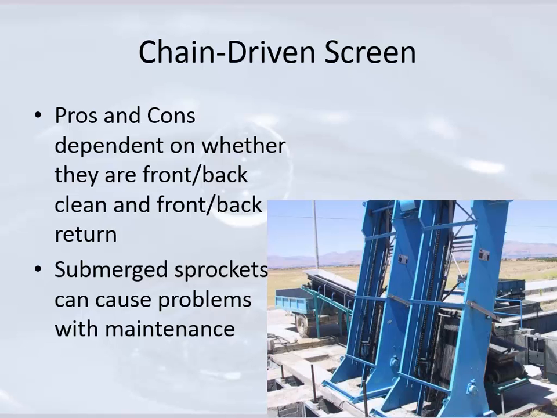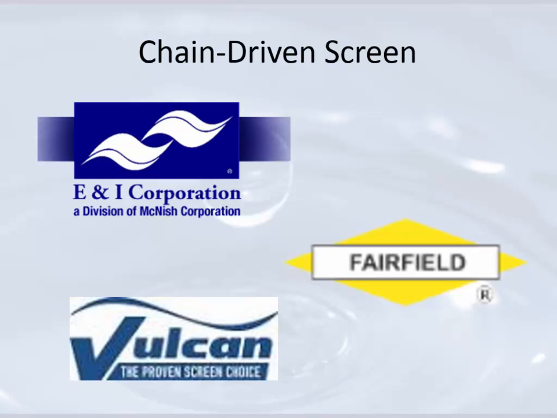Problems with these are that they have submerged sprockets, and obviously that's a problem if they go down, because you have to do maintenance. You have to dewater the area around them, so there has to be a way to get those blocked off. And here are a few of the companies that actually produce these.